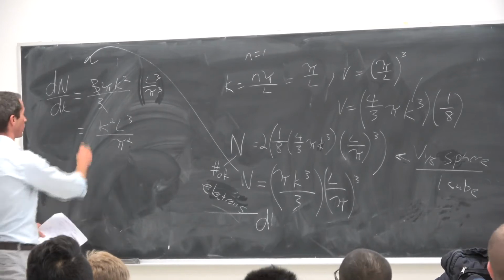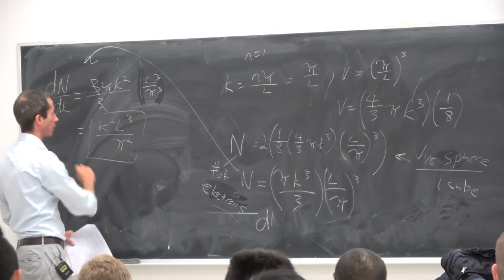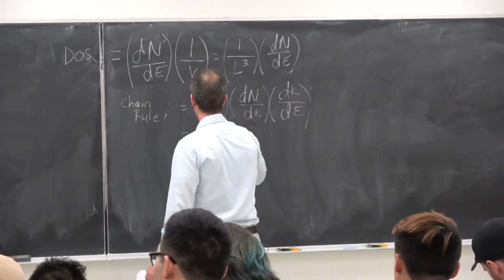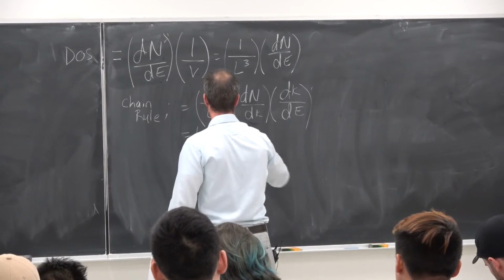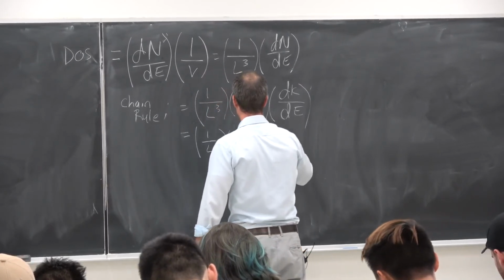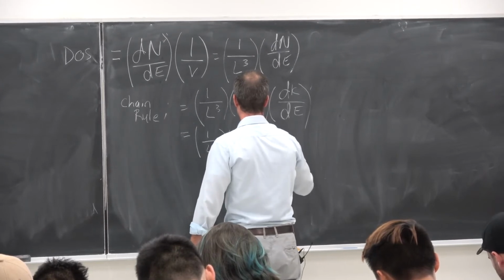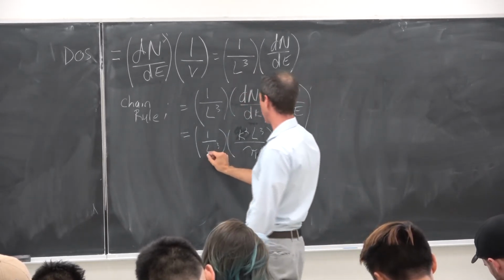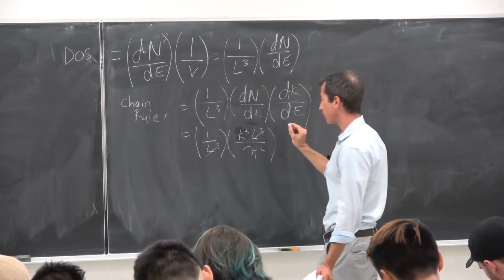So now let's put this over here, k squared L cubed. So we get rid of that term.